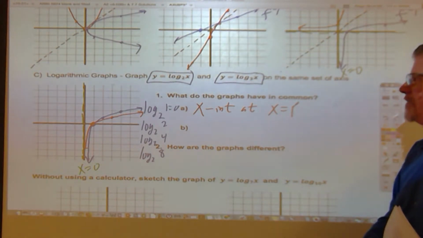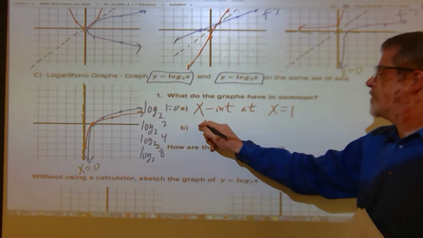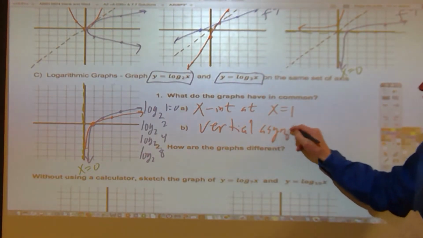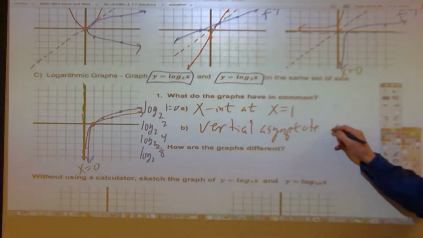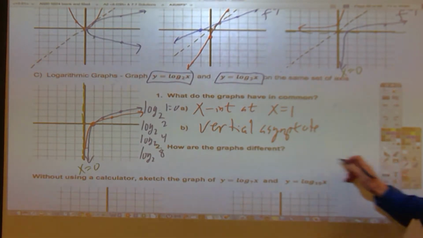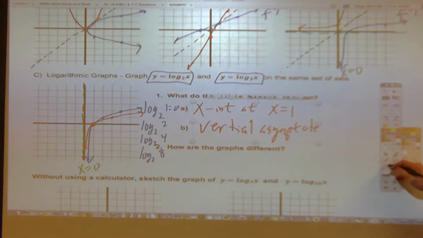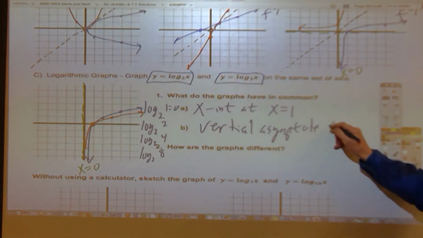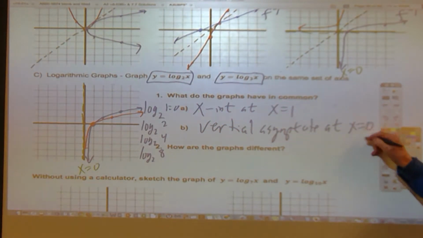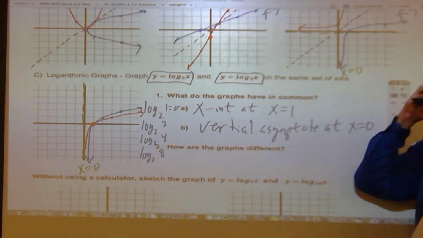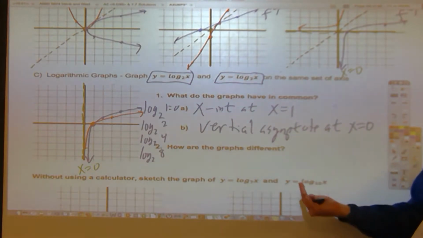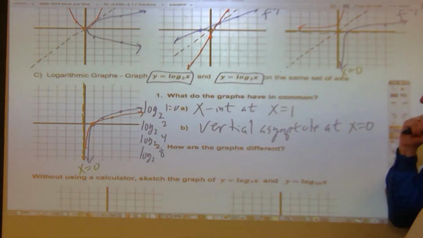And what else do they have in common? They all have a vertical asymptote at x equals 0. Basically, all the families in this neighborhood have a vertical asymptote. Their parent graphs have a vertical asymptote right there on the y-axis.